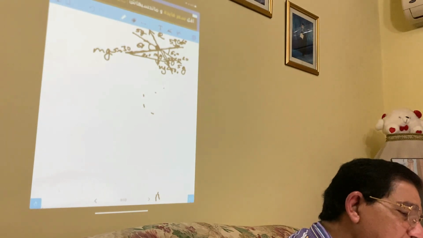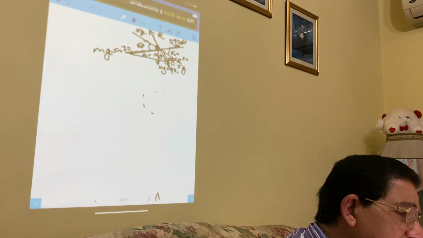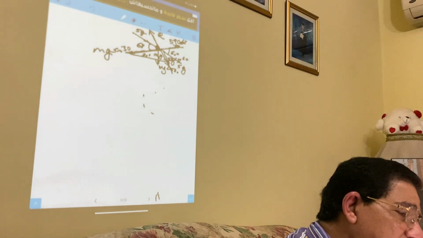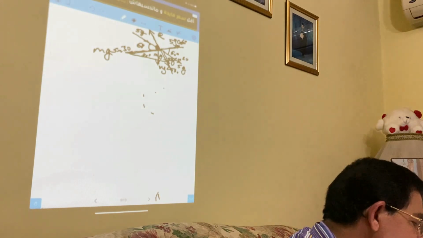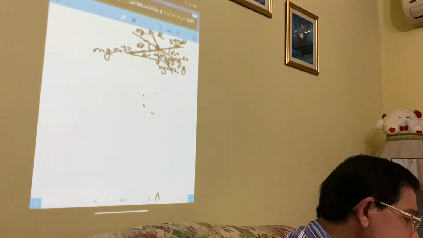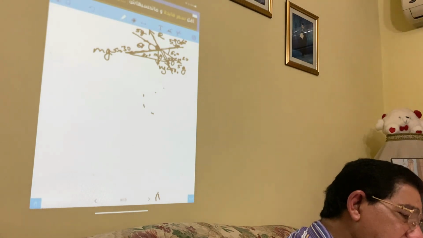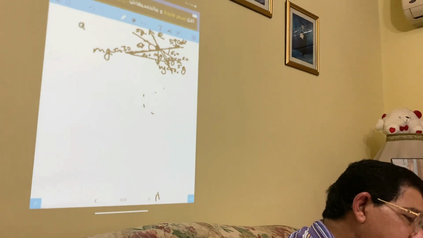In the direction of motion, we have the equation. We're given that the acceleration is 0.5.